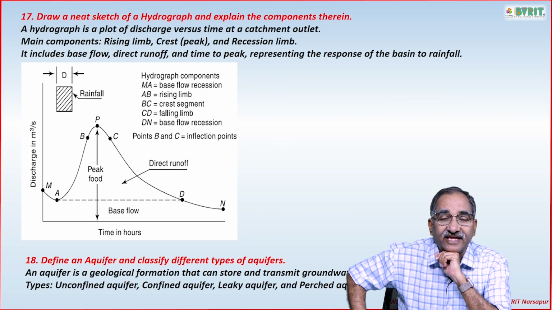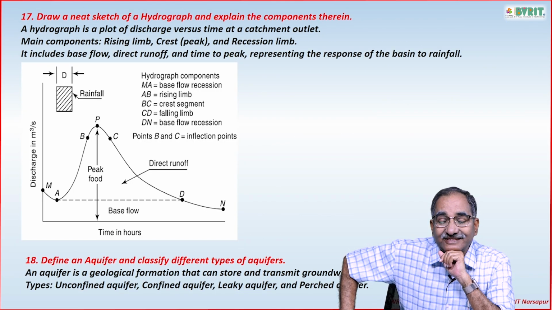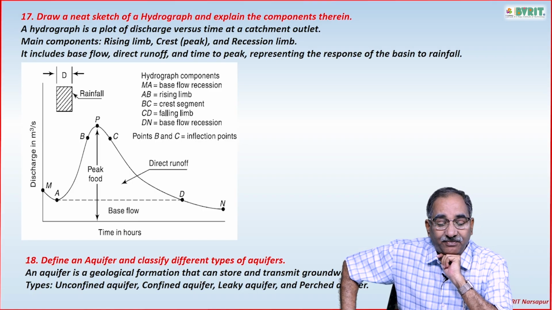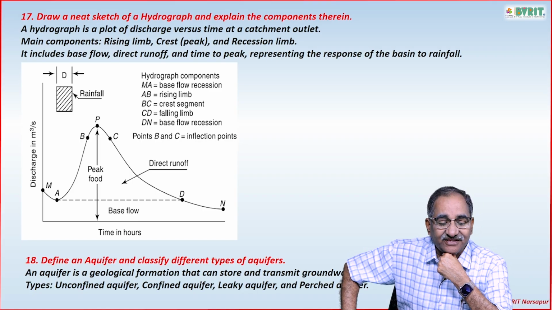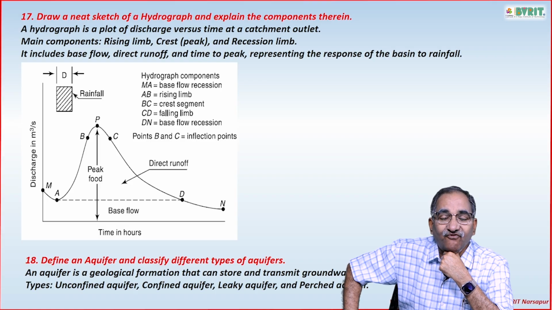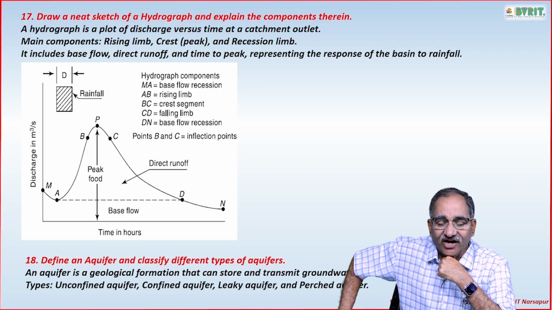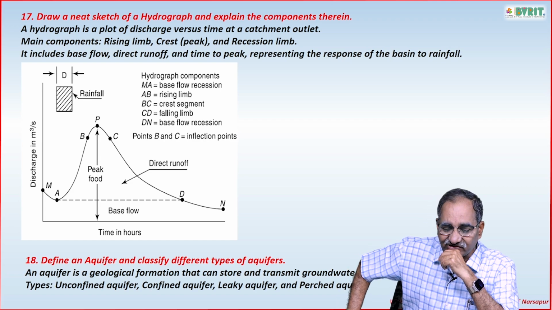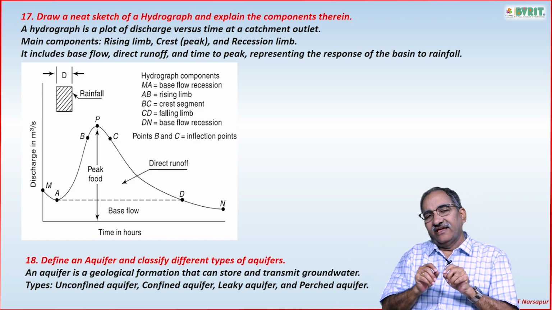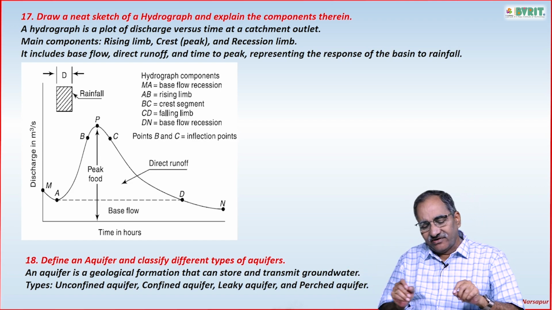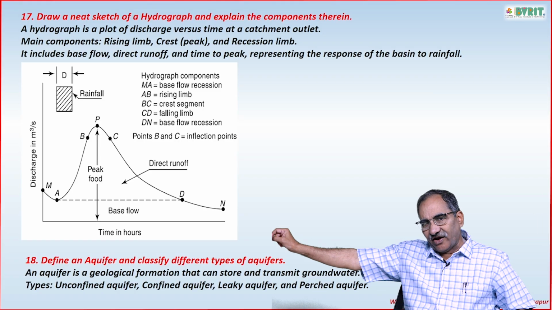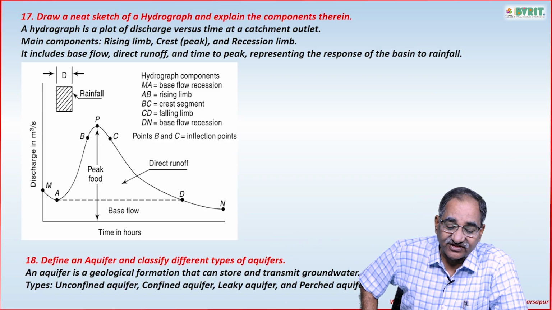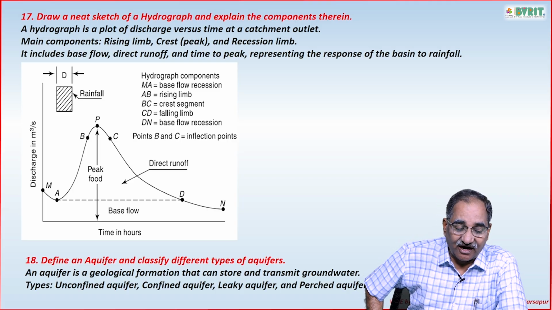Draw a neat sketch of a hydrograph and explain the components therein. A hydrograph is a plot of discharge against time at the catchment outlet. It is basically a graph drawn with time on the x-axis and discharge on the y-axis.